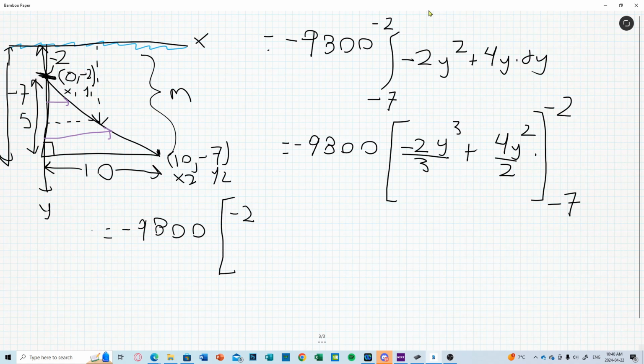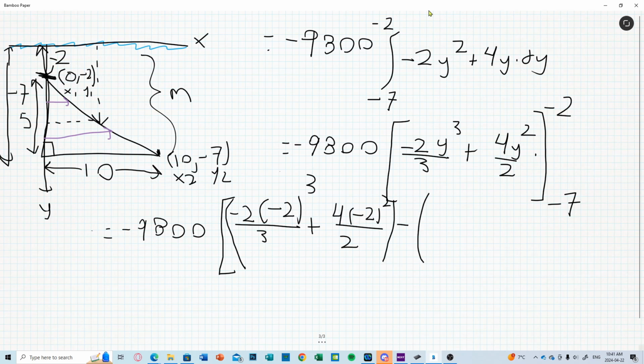It's going to be negative 2 cubed over 3 plus, and I have a second bracket in there too, 4 times negative 2 squared over 2, end of the first bracket, minus, start a second bracket, negative 2 times negative 7 cubed over 3, plus 4 times negative 7 squared over 2, end of the second bracket, and the third bracket.